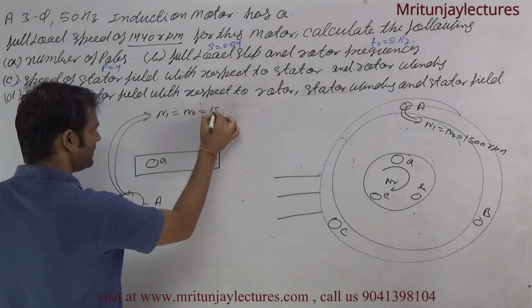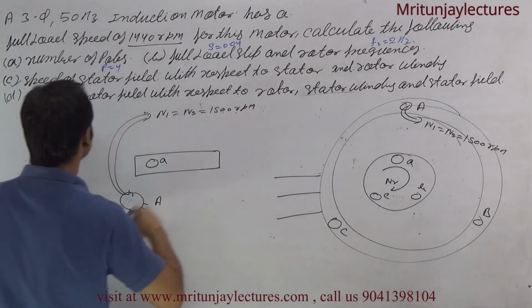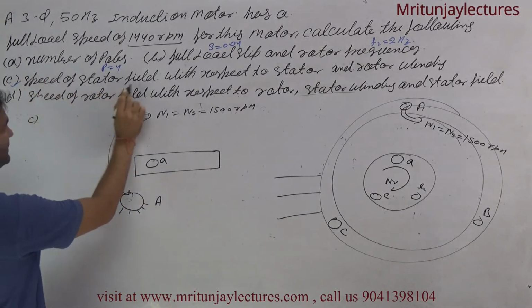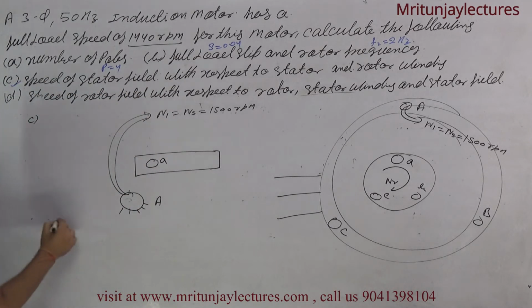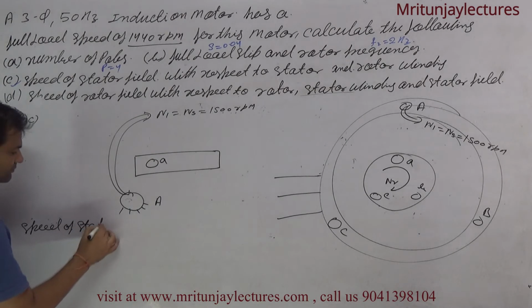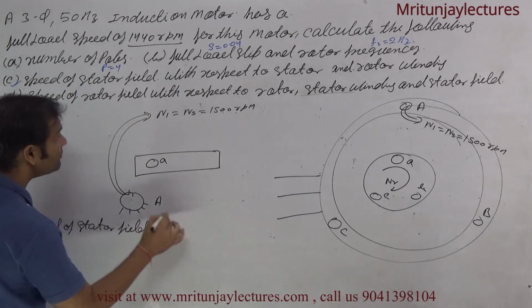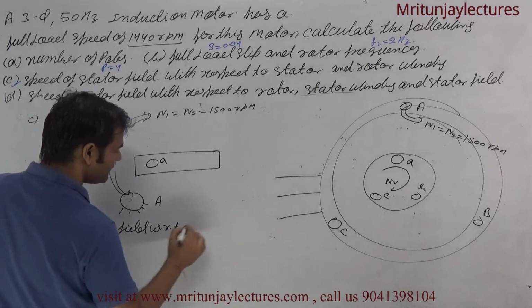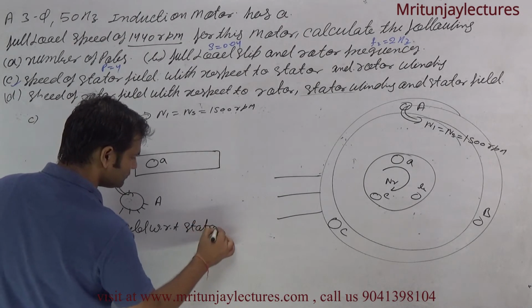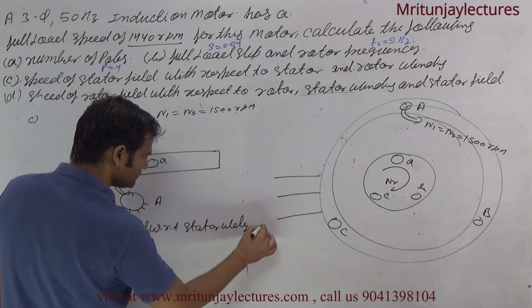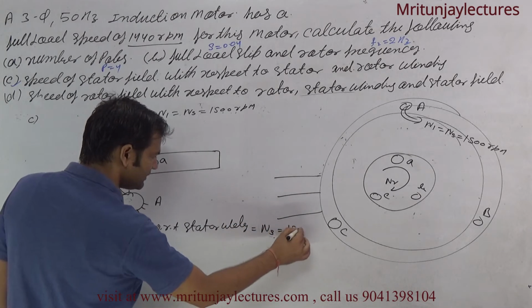Ns, that is 1500 rpm. Clear? Now, corresponding to the question, first write the speed of stator field with respect to stator winding, that is Ns, that is 1500 rpm.